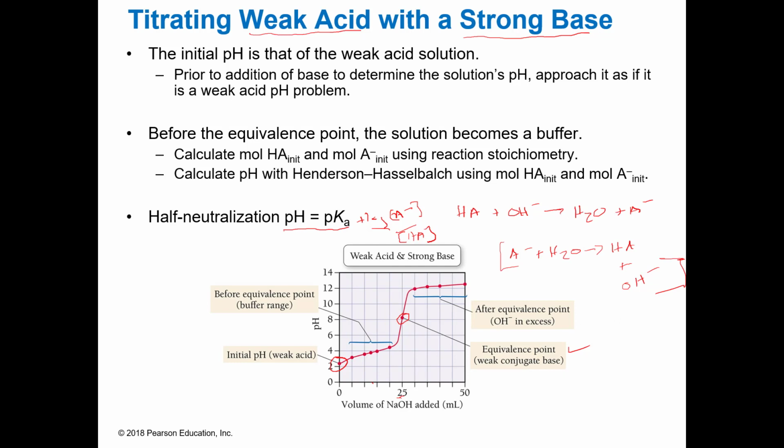Halfway, find out where the equivalence point is and work your way backwards to the halfway point, and that's where you'll notice that the pH equals the pKa. So again, Henderson-Hasselbalch is important. If you don't understand that, I could make another video on that, but in order for you to understand a titration and some of the points on the titration, it's important that you can use the Henderson-Hasselbalch equation as well.